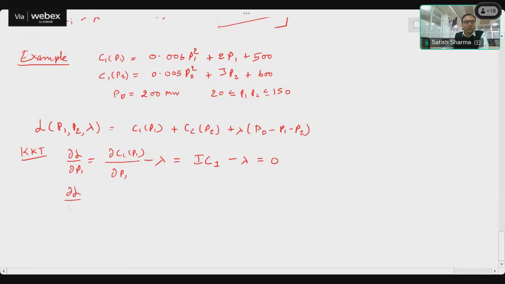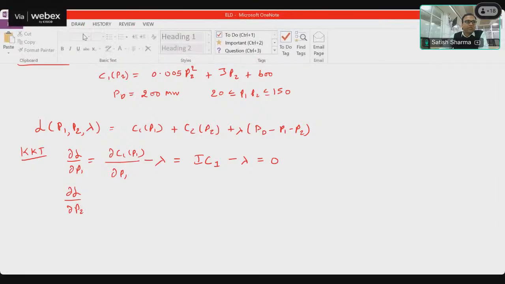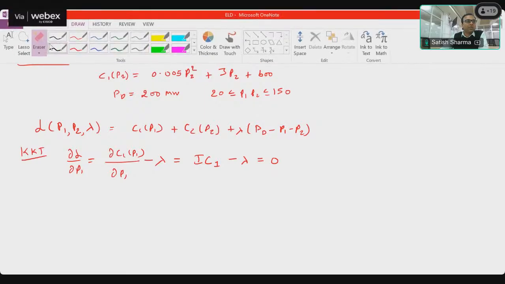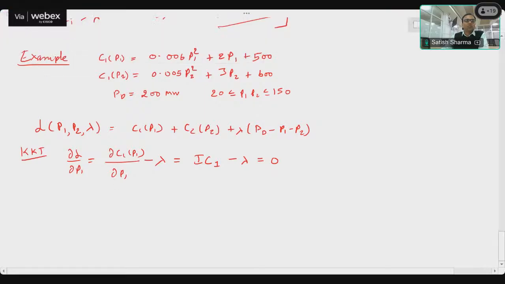Similarly, we can write down del L upon del P2. Since the data is available, why not write it down. If you take the partial first order derivative of the above cost function C1 P1, you will get 0.012 P1 plus 2 minus lambda equals 0.